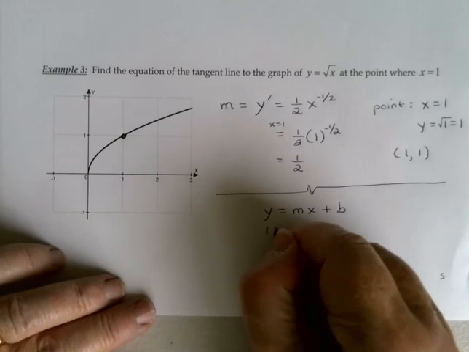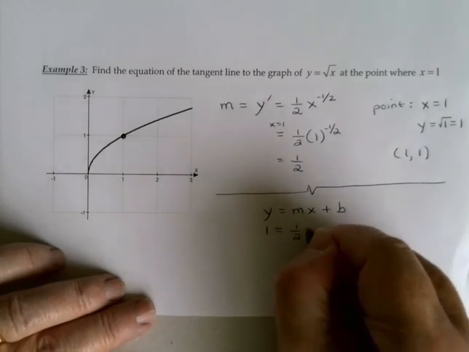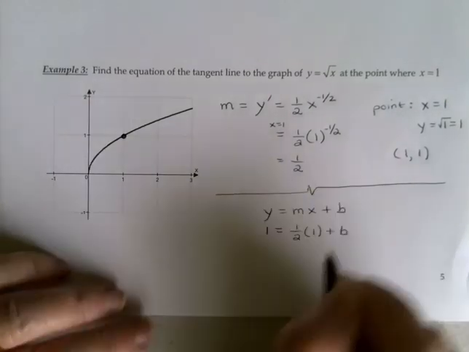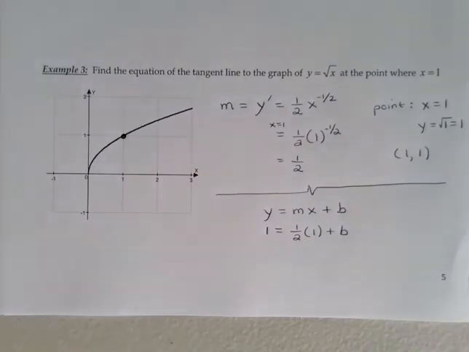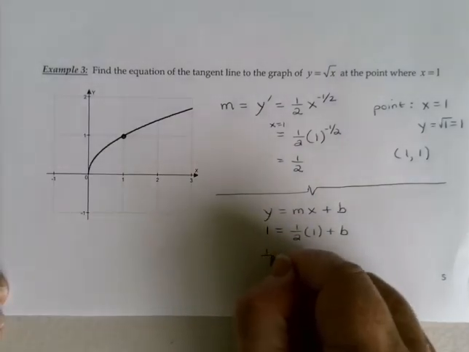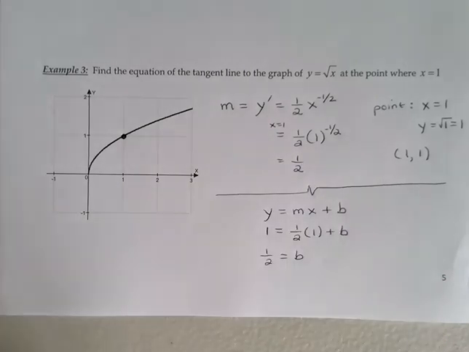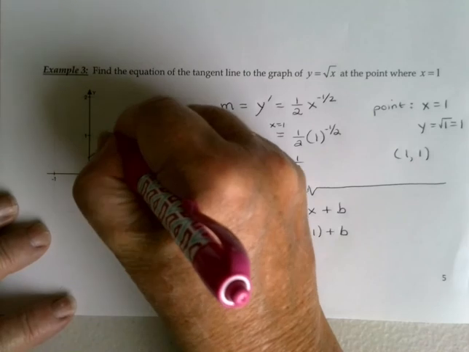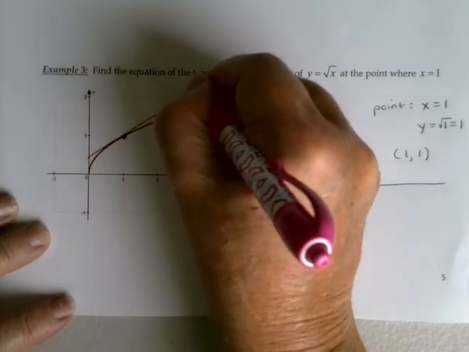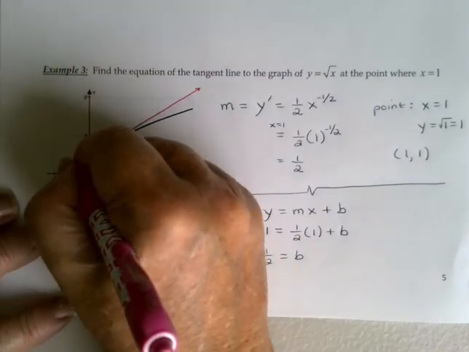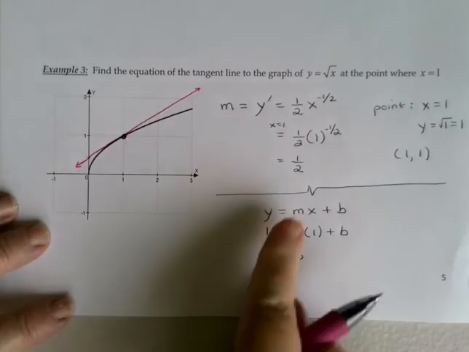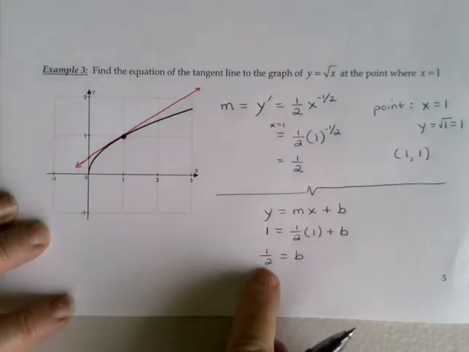I'm going to plug in y is 1, m is a half, x is 1, and that allows me to solve for b. Subtracting gives me a half for b. So this tangent line has equation y equals 1/2 x plus 1/2.